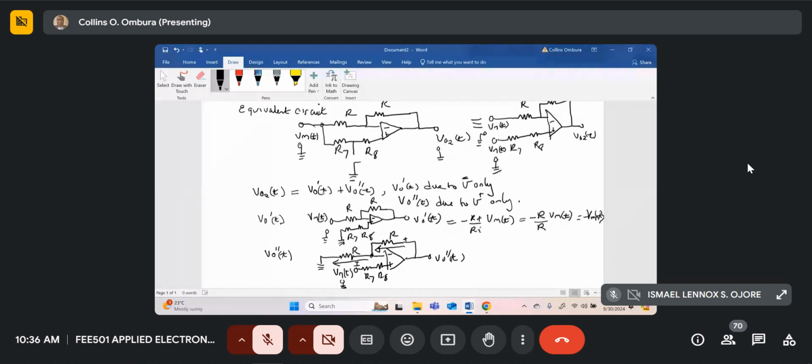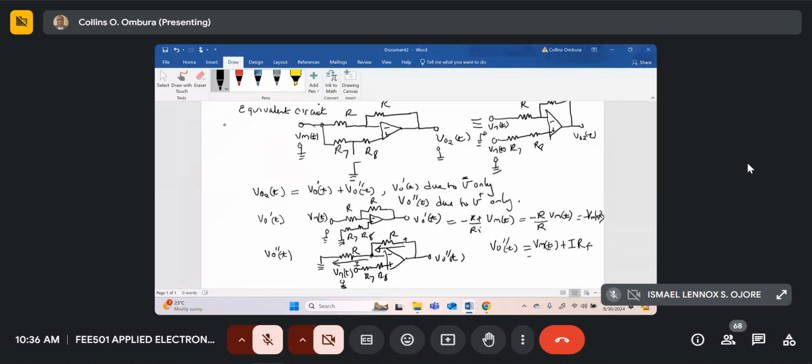We can start with the simple equation that V naught double dash of t will be equal to the voltage at the non-inverting input plus the voltage across the feedback resistance. So it will be equal to Vm of t plus I into R feedback.